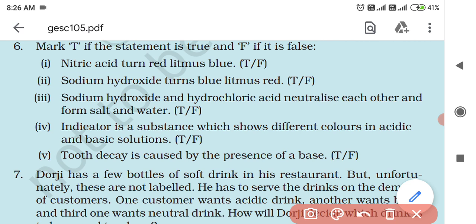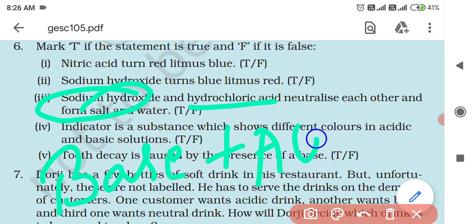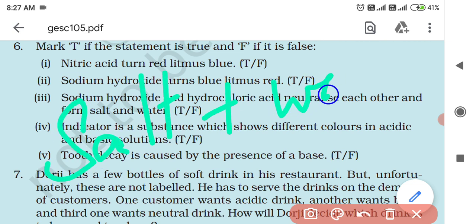Roman number 3: sodium hydroxide and hydrochloric acid neutralize each other and form salt and water. Sodium hydroxide is a base, and hydrochloric acid is an acid. Base reacts with acid to form salt and water.